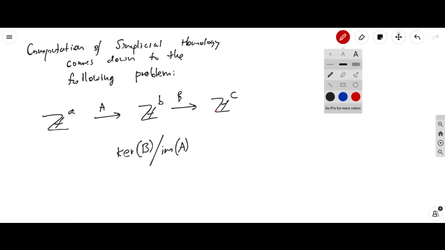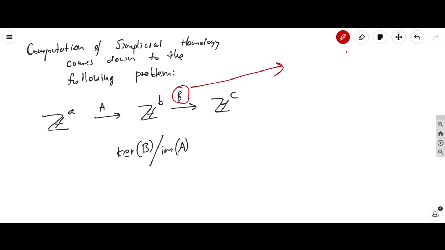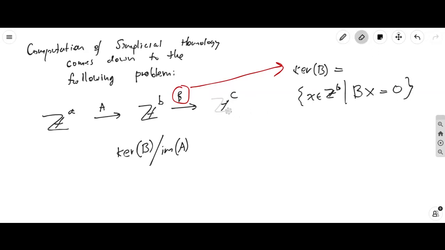I want to first focus on this B over here, because this is easier to work through. So the kernel of B would be the set of vectors in Z^b so that applying the matrix to that vector will give you 0. And of course, when we say 0, we mean the 0 vector in this group. But what is this? This is what in linear algebra you call the null space of B. The distinction is that in linear algebra you usually talk about the real numbers, but it's the same idea.